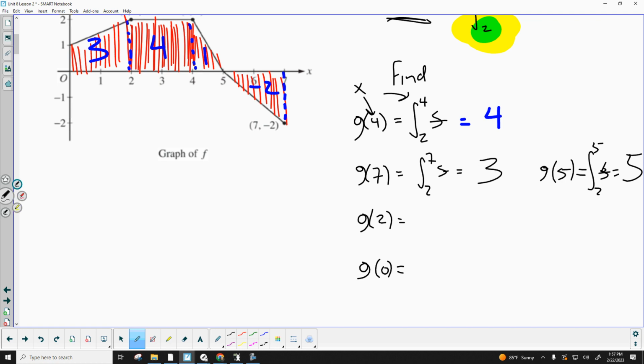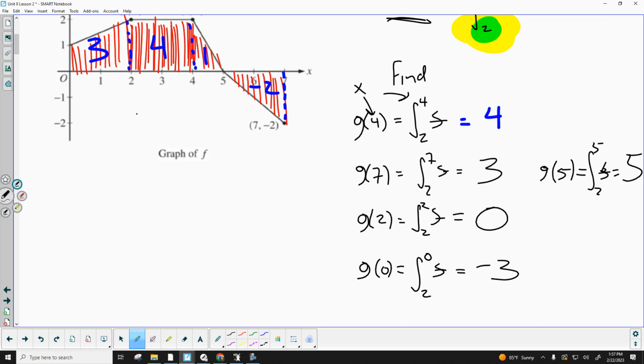Are we good with that? If I do g of 2, this is the interesting value because we have an integral from 2 to 2. That's 0. If I go and ask you about g of 0, you should be thinking, oh, it's the opposite of 0 to 2. 0 to 2 would be +3. This must be -3.